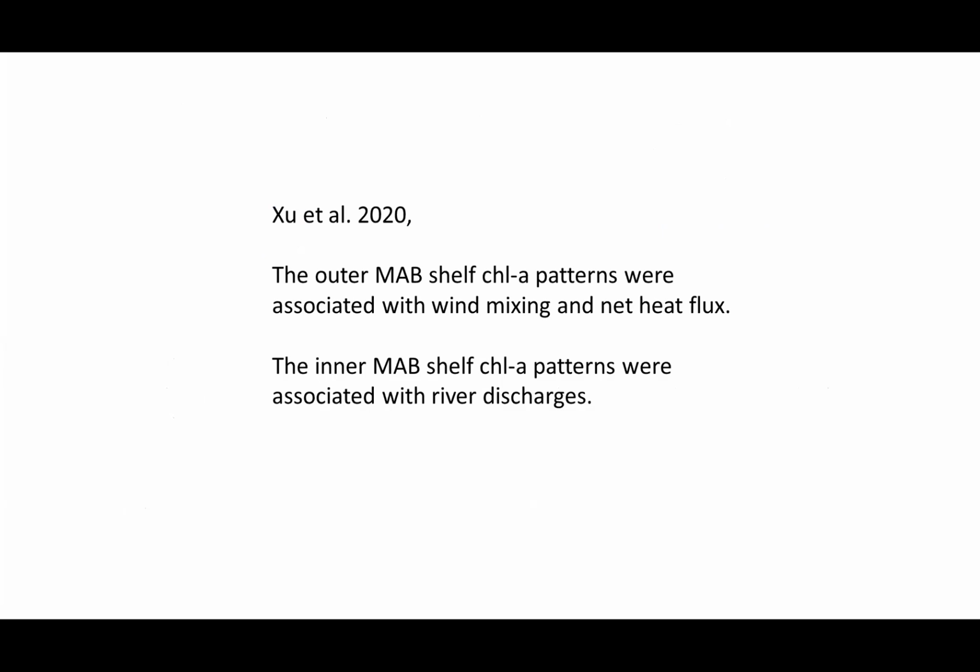However, in the inner part of the Mid-Atlantic Bight shelf, the patterns of chlorophyll variability seem to be associated a lot with the river discharges coming out of the major estuaries like the Chesapeake, the Delaware, and the Hudson, suggesting that there are two sets of forcing factors controlling the primary production on the shelf.